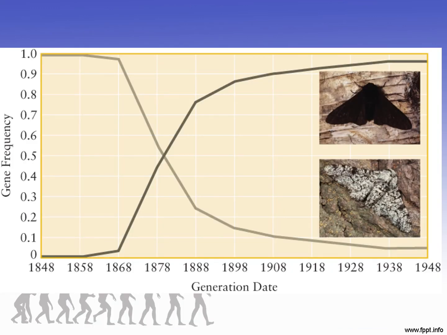This relates to an interesting thing that happened during the Industrial Revolution in England, right? As the Industrial Revolution kicked off and industries were burning more coal, a lot of coal soot was becoming deposited in England, particularly on the bark of various trees.